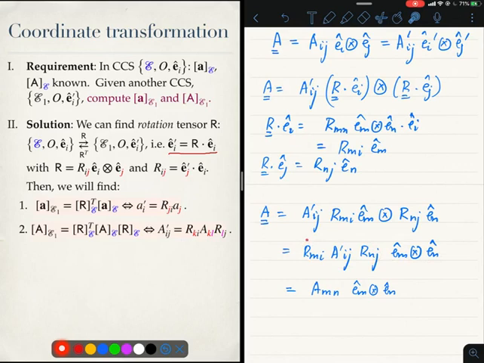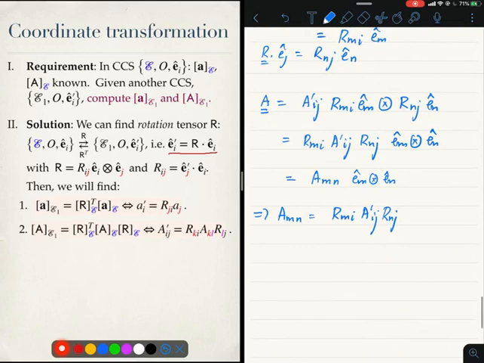Therefore these two must be equal, and that tells me that A_mn is r_mi A prime_ij r_nj. Okay, that's all right.